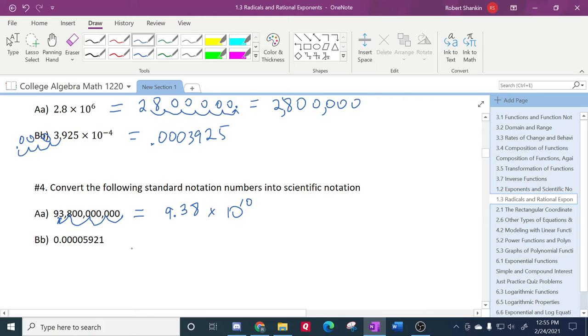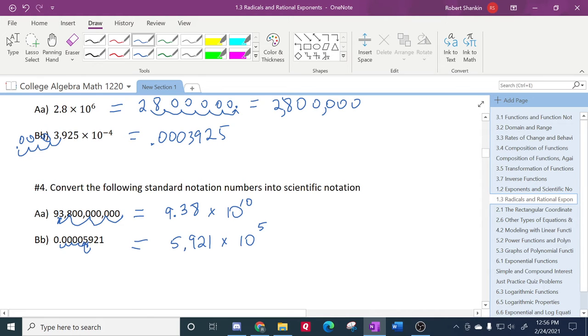So I'm going to do the next one, similar. You have to move the decimal so that it's to the right of the first non-zero number. It's going to be right to here. So it's going to become 5.921 times 10 to the 9. Count how many places. Now this one I'd go individually. 1, 2, 3, 4. 1, 2, 5 places, and I start with a positive number and say, does that make sense?